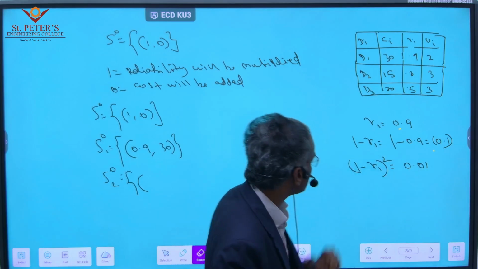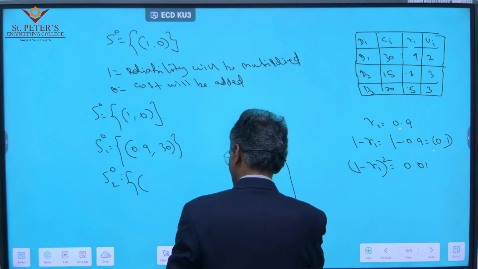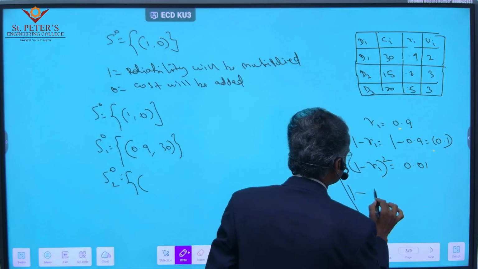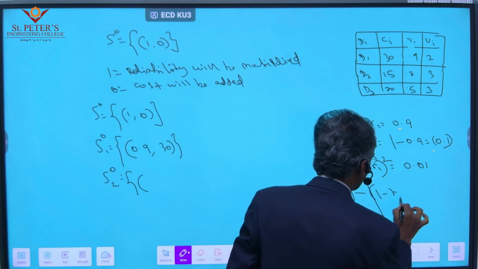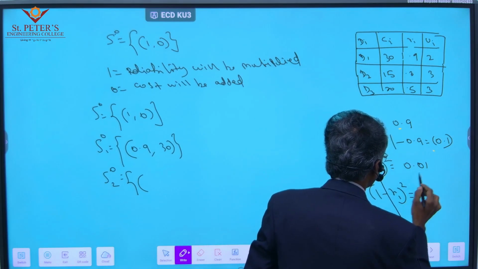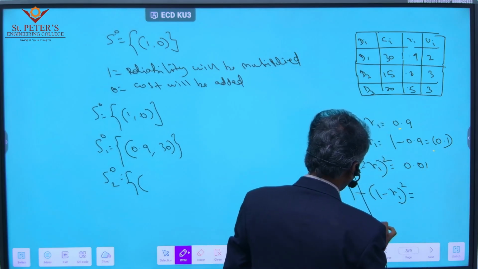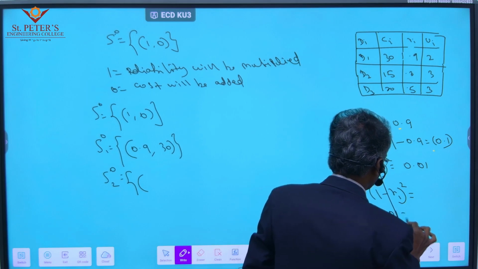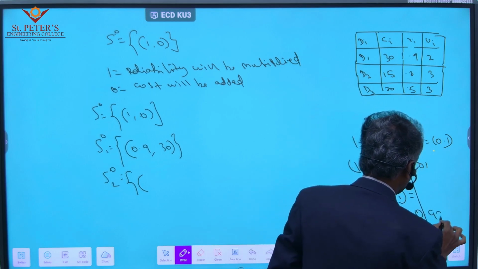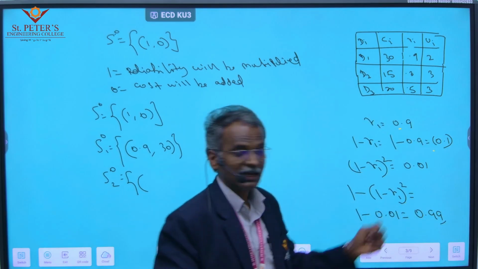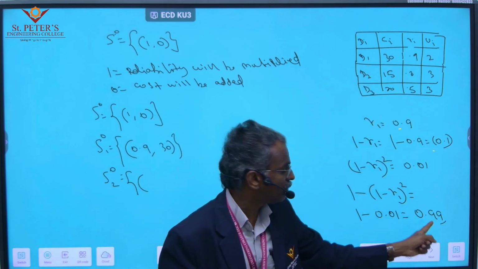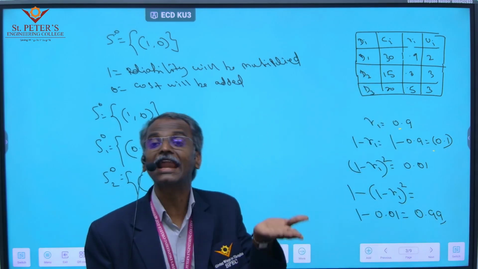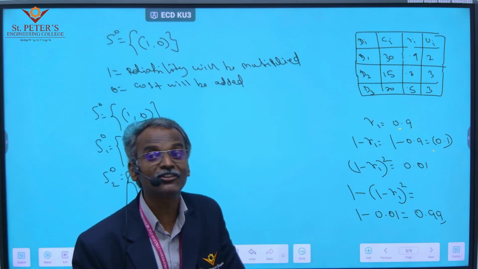What is the success rate? 1 minus (1 minus R1) squared is equal to 1 minus 0.01, equal to 0.99. From 0.9 the reliability has become 0.99 for 2 copies of the first device.